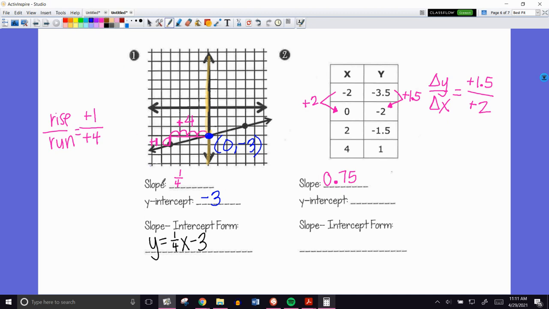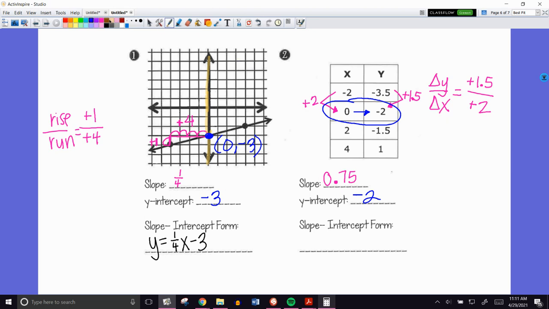And then I need to go find my y-intercept. Now this table is different because it does have 0 in the x column already. Okay, so we didn't have to go find it. It was already there. So my y-intercept is going to be -2.